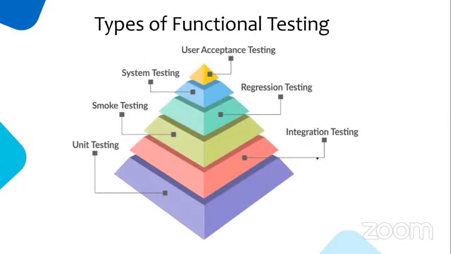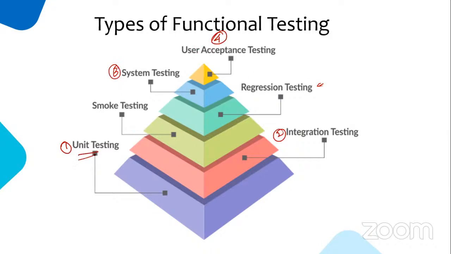Now we will move on to the next level of testing. See here, this diagram is not 100% giving the full information. In general, the types of testing are unit testing, integration testing, system testing, and the fourth one is user acceptance testing.